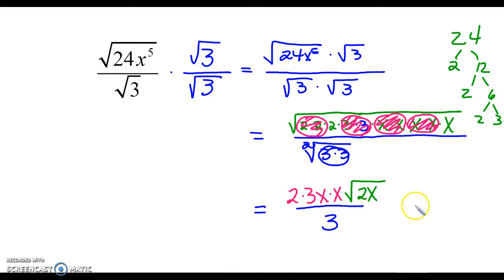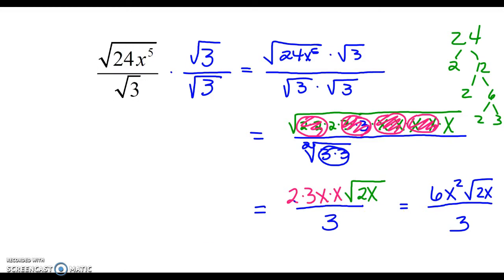So here our final answer, when we simplify what's out front of that radical sign, we have 2 times 3, which is 6, and x times x, which is x squared. Do you see what I see? We're not really done.